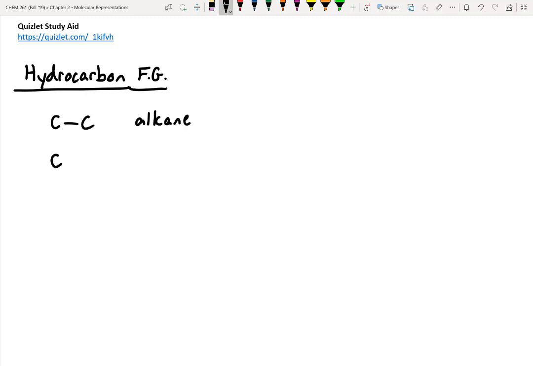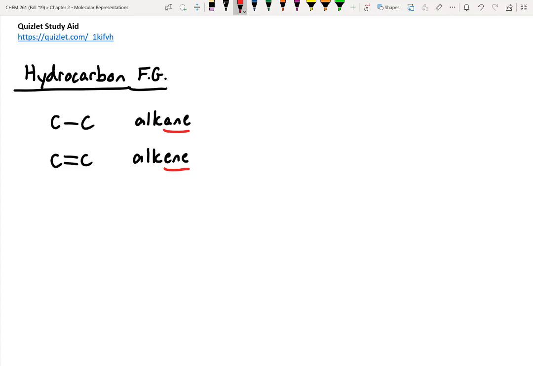Does anybody know what we call a carbon-carbon double bond? Alkene. It's really confusing for students. Essentially, the alk prefix means that it's a hydrocarbon. The suffix will vary from ane to ene, depending on whether it's a hydrocarbon with a single bond or a double bond in it.